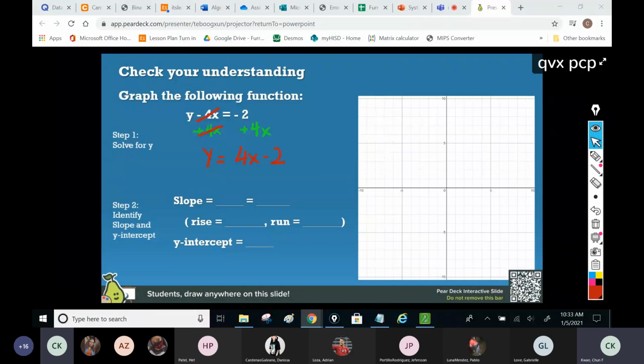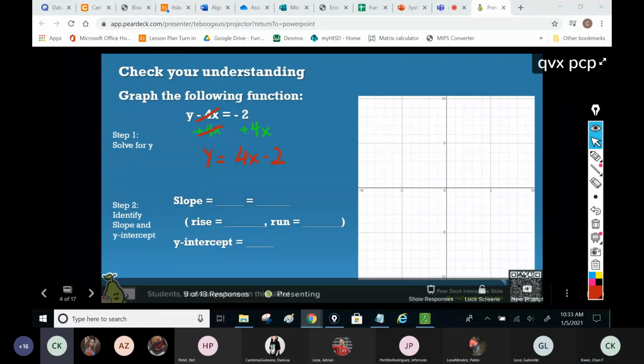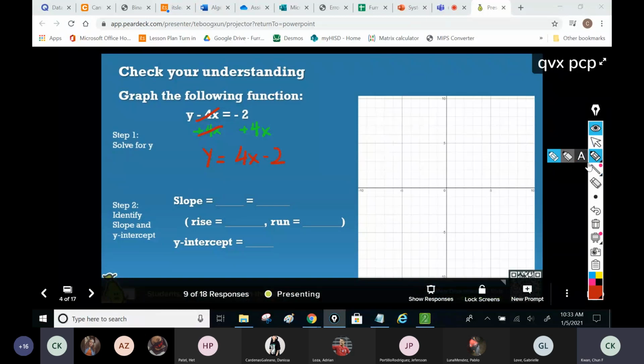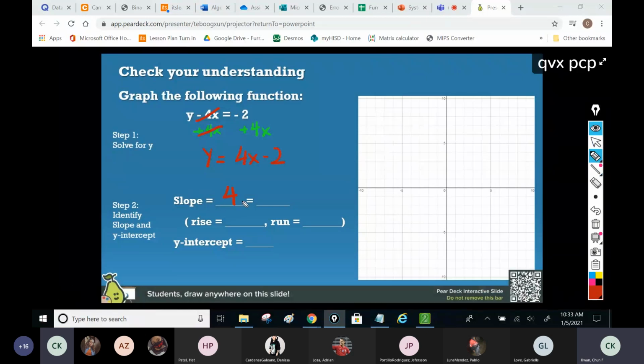All right, so I see that most of you guys are done with the numbers, but you guys are probably a little stuck on how to graph. So the slope is 4, which I can also put as 4/1, which is the rise over run.